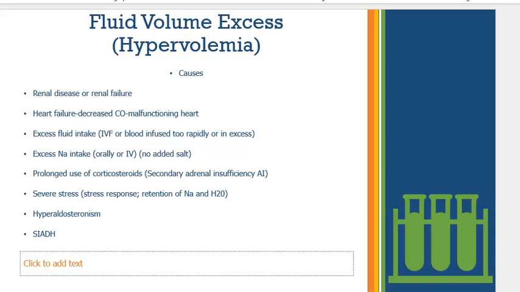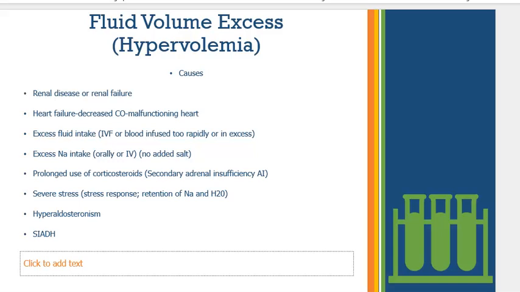Some causes of this SIADH: there are certain cancers like your small cell lung cancer, central nervous system deficits, stroke, hemorrhage. Another central nervous deficit could be even trauma. There are some medications that can throw you into this SIADH.